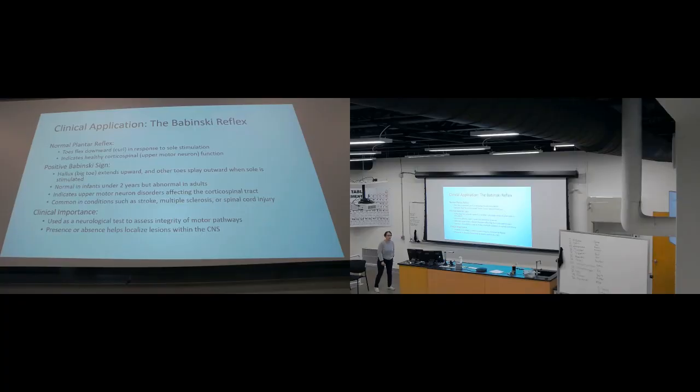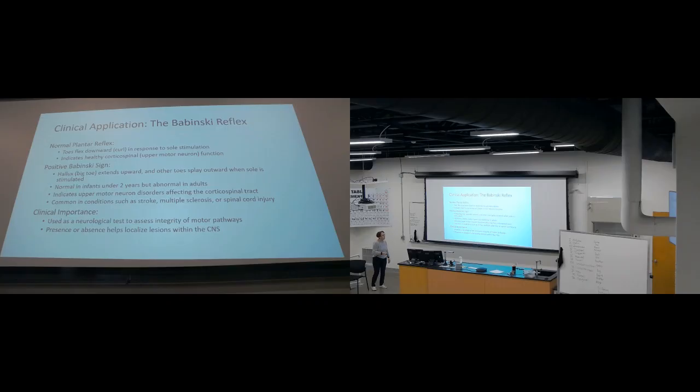Okay, so we have a test for testing the corticospinal pathway, the upper motor neuron function. So this is called the Babinski reflex. So in our normal plantar reflex, our toes flex downward when someone stimulates your sole. So you tend to do this.